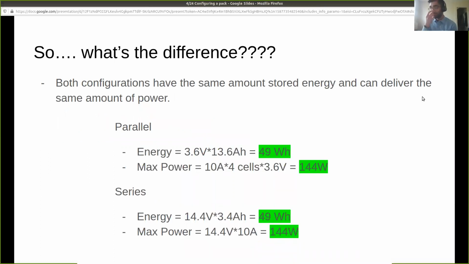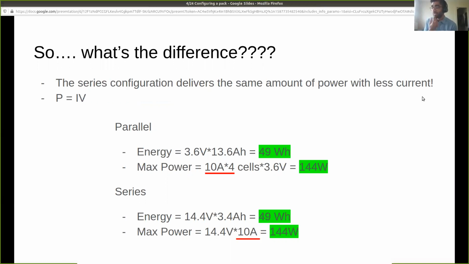So what's the difference? Because we just made these calculations and we decided both of them can store the same amount of energy and they can both deliver the same amount of power. Here are those 2 calculations with the numbers we just went through. The main difference is the amount of current that both of these battery packs are using to deliver the same amount of power.